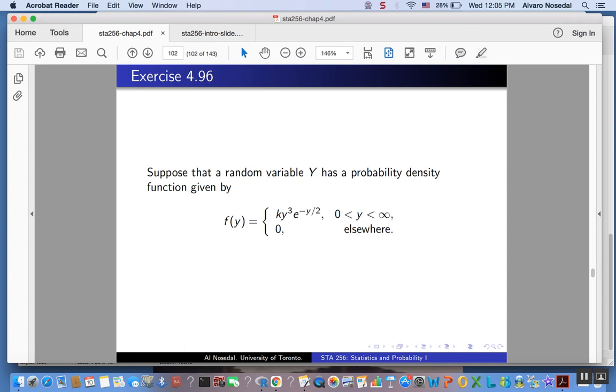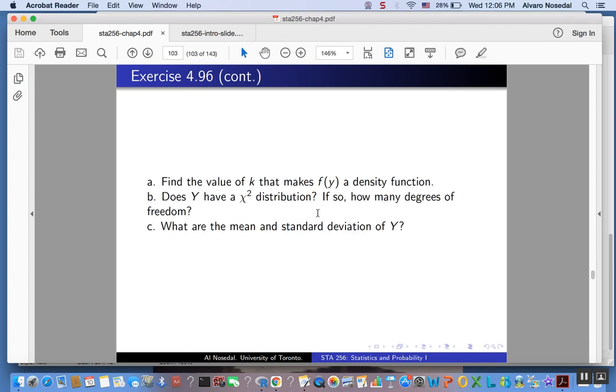We have an expression for a PDF. k is a constant, at this point unknown to us. The PDF up to that constant is y cubed e to the negative y divided by 2. Now what we would like to do is answer those questions.